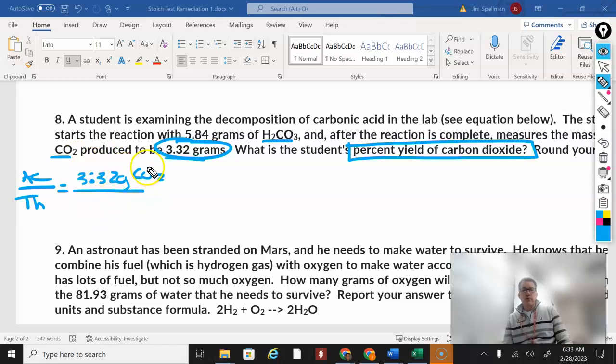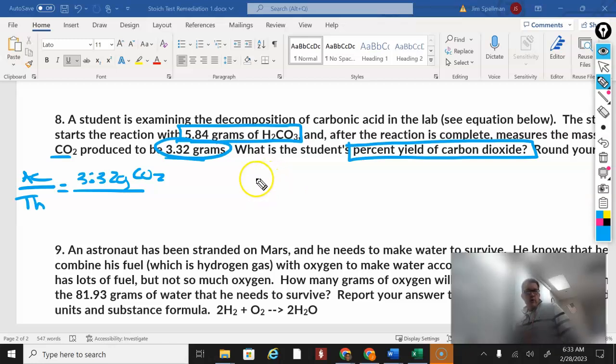And in order to find the bottom, that's where we have to use the other number. But what we have to do with this number is to say, if I started with 5.84 grams of H2CO3, how many grams of CO2 should I get? And that number ends up going on the bottom.